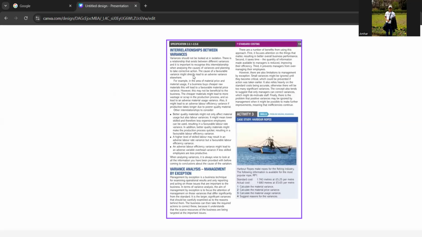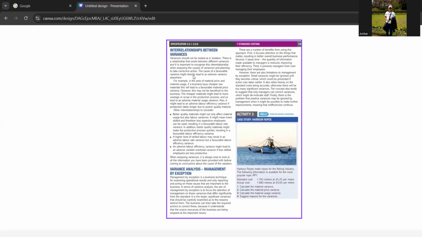They are saying it is important to recognize that interrelationship when analyzing the causes of variance and planning to take corrective actions. So it is important to know how the variances are interrelated, and we will know how to plan corrective actions if it causes adverse variance.